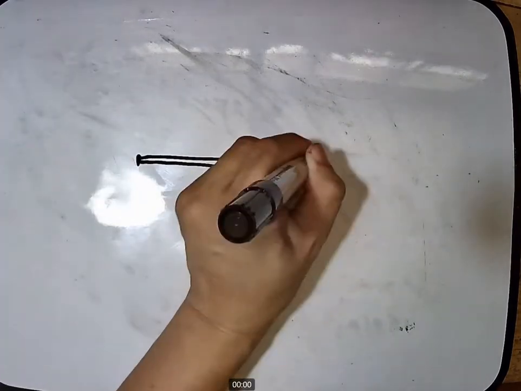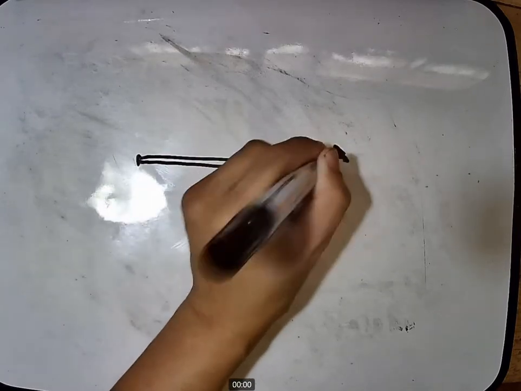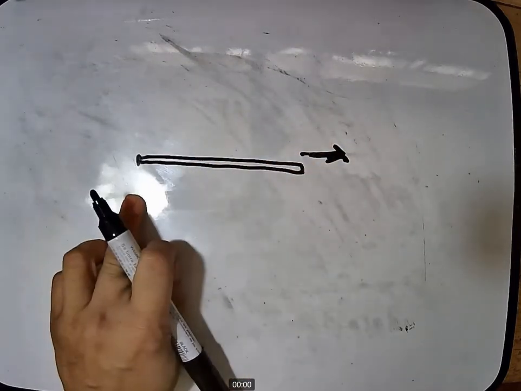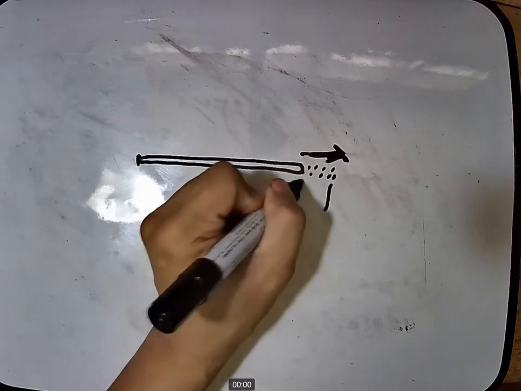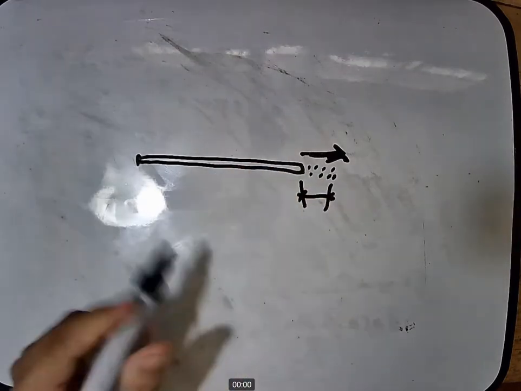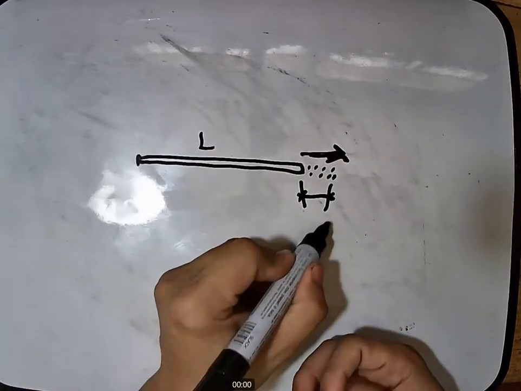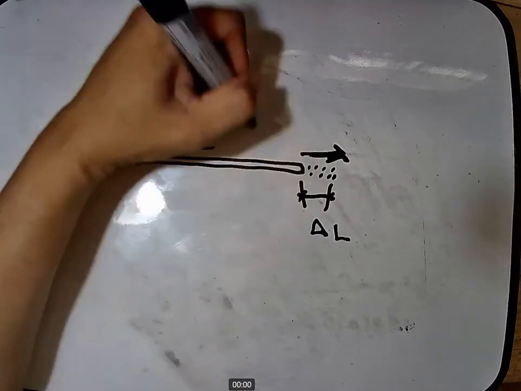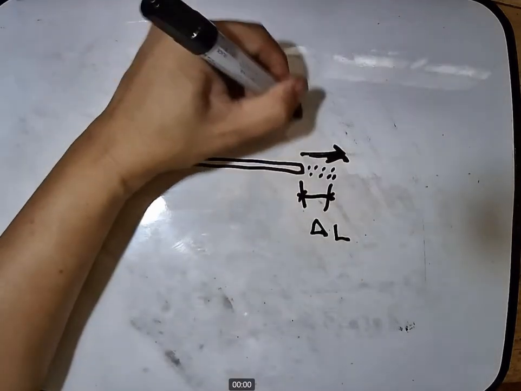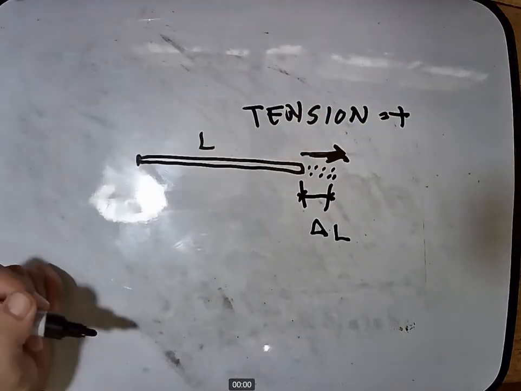And then, nag-apply ka ng force. Ano mangyayari sa tali? It will elongate. Okay? So, humaba siya. This is your original length. And then you have delta L. So, for tension, your sign convention is positive.